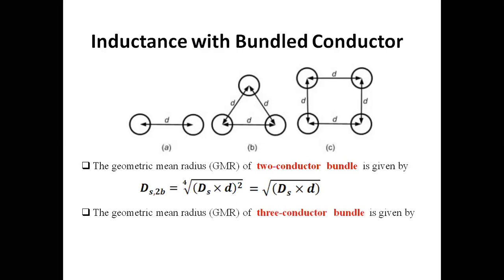For three conductors, this will be the equation. Here, if you consider one Ds, then d and d. This Ds is actually your r dash, and you know that r dash equals 0.7788 r.